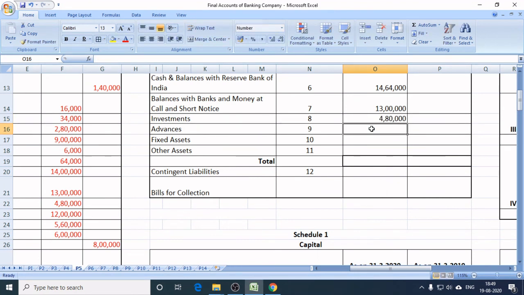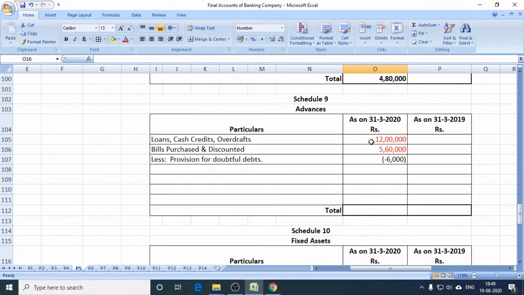Okay. Now schedule number 9, advances. Here first make addition of two figures, that is 12 lakh plus 5 lakh 60,000. Then from the total deduct 6,000 rupees.